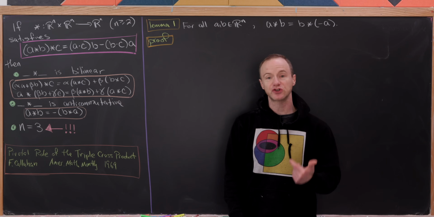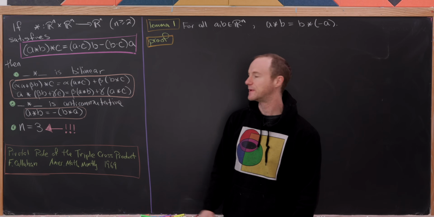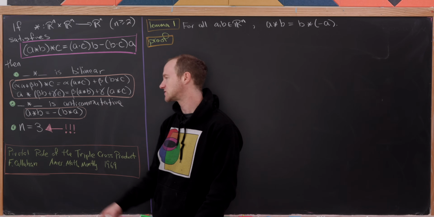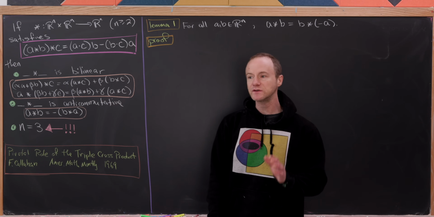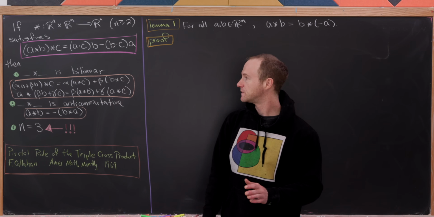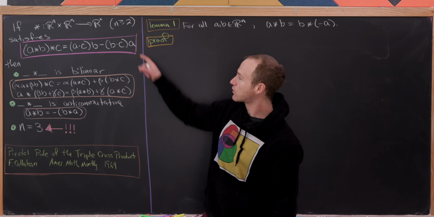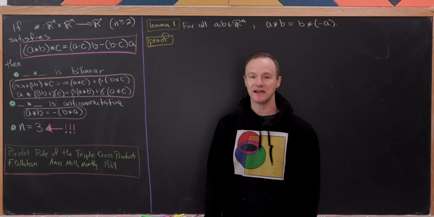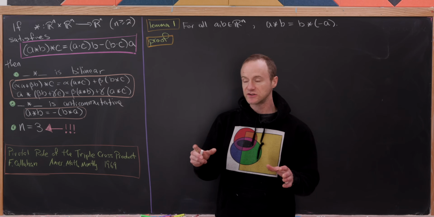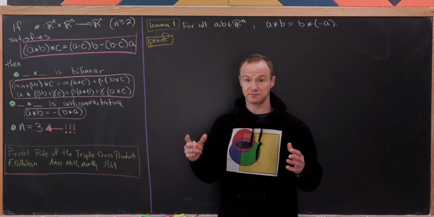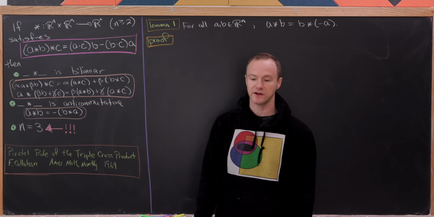That means if you switch the order of the product, you pick up a minus sign. So in other words, A star B is negative B star A. And maybe the most surprising thing here is that any product that satisfies this identity only exists in 3 dimensions. So this restricts n to be equal to 3.